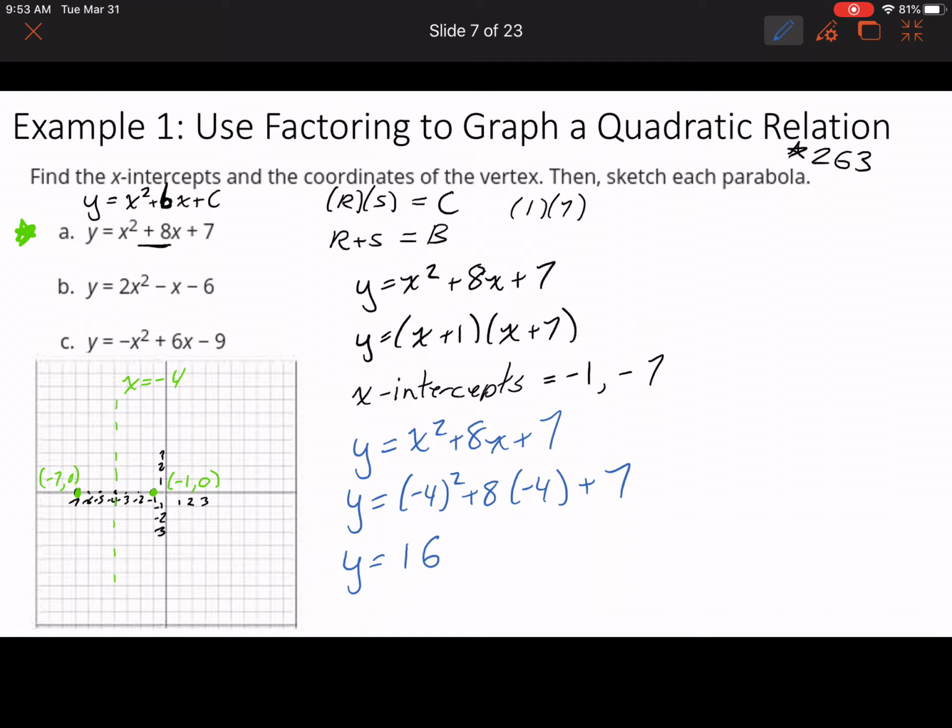So it's not -4 squared, it's the square of -4. Minus 32. So if we add the 2 of them together, y equals -9.